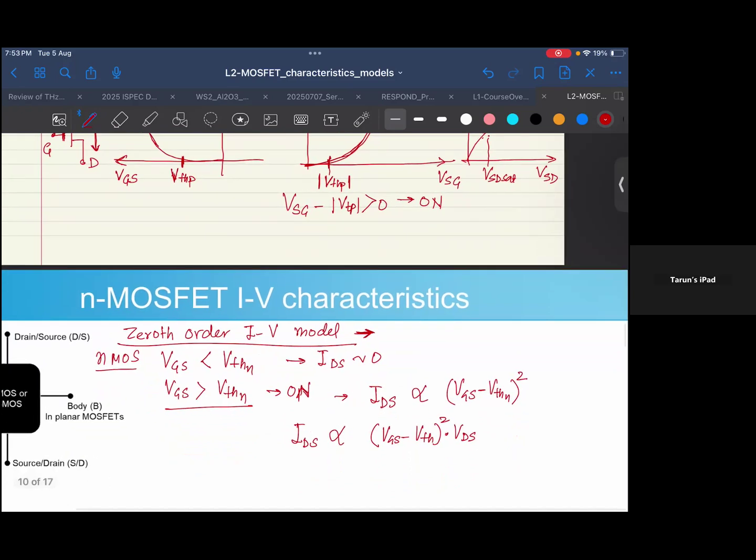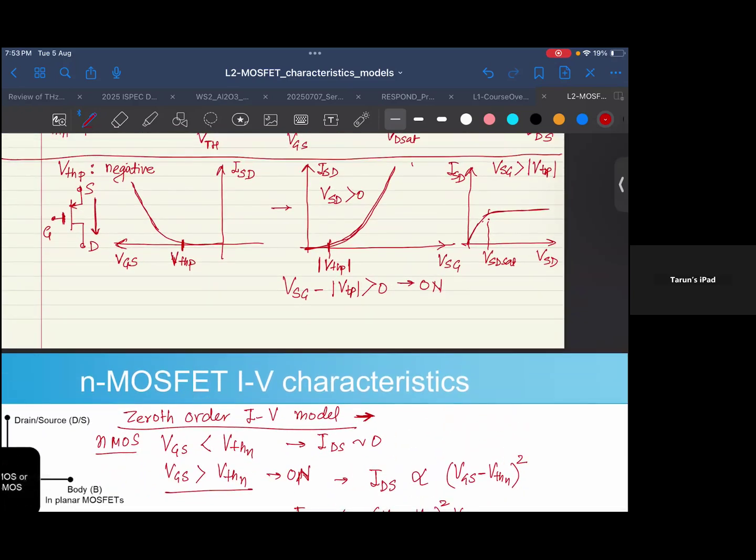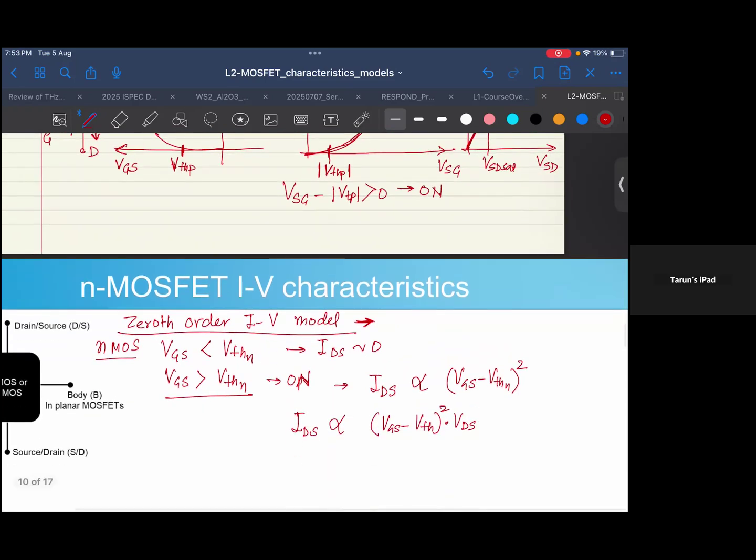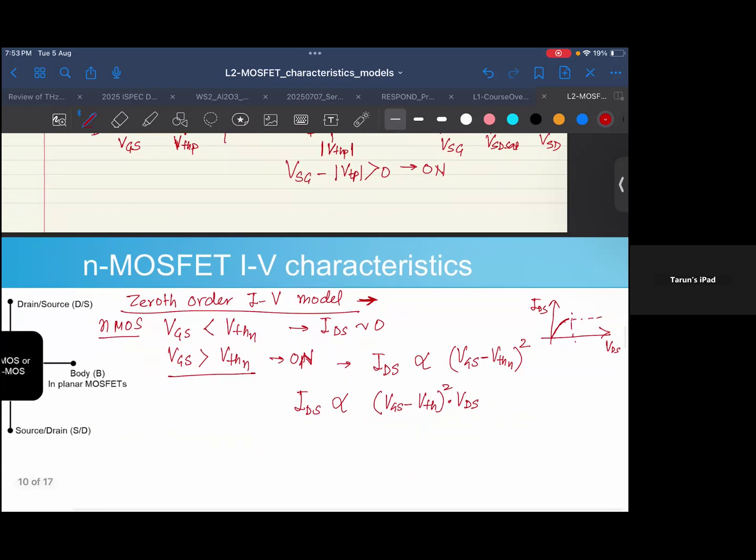It is not remaining linear. That means from a linear curve, it changes to some parabola. If you look at IDVDS closely, initially it looks linear, but then it turns into a parabola so that it saturates. So this part is taken care of by another term which we can add here, which is VDS square by 2. Okay. So this would take care of that part.